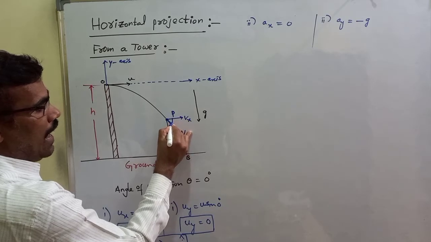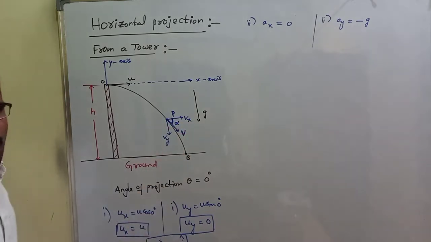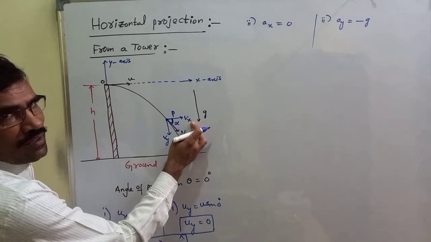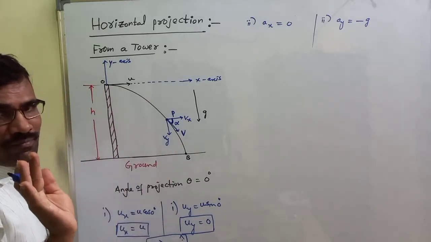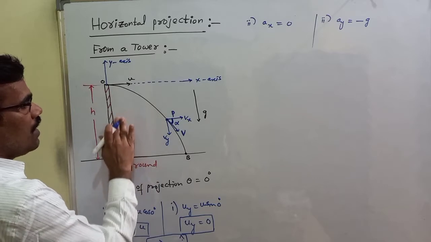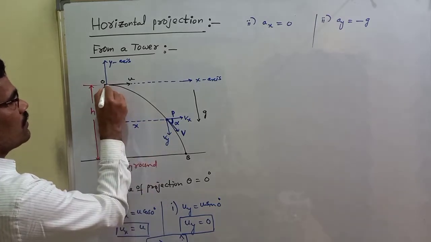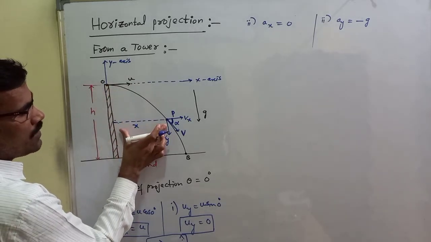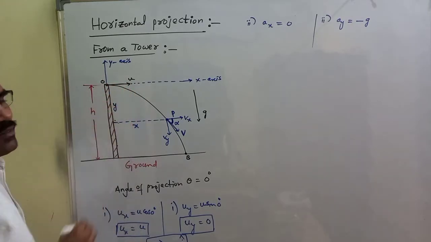The angle made by the projectile with the horizontal is alpha. What is the displacement after t seconds? The horizontal displacement after t seconds is x, from the starting point. The vertical displacement, vertically downward, is y.